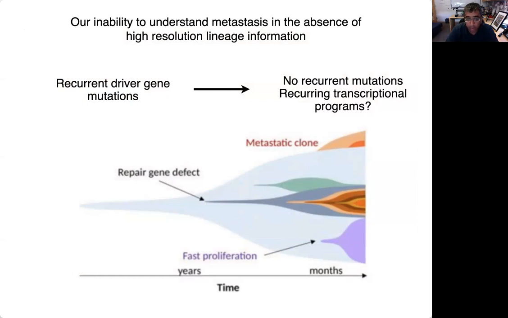But there hasn't been the same kind of success in terms of recurrent driver mutations in relation to metastasis specifically, all right? And we don't see that recurrence the way we do for primary tumors. And so this leads to the question of whether some of this progression really may be epigenetic, or something that would be evident at the transcriptional level, even if you didn't see specific mutations underlying what happens when you go from the primary site to being a metastasis.